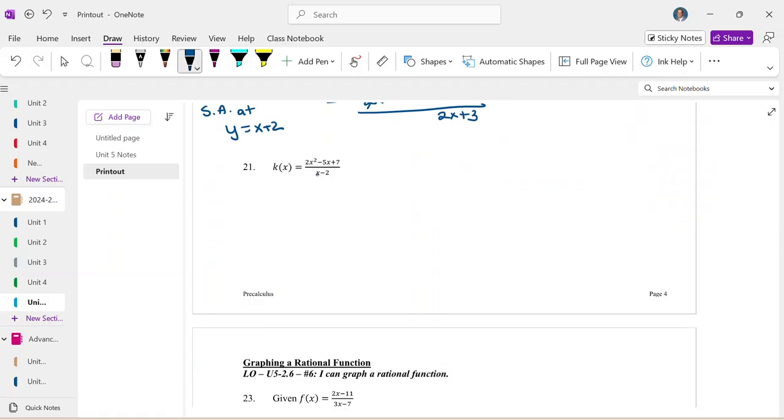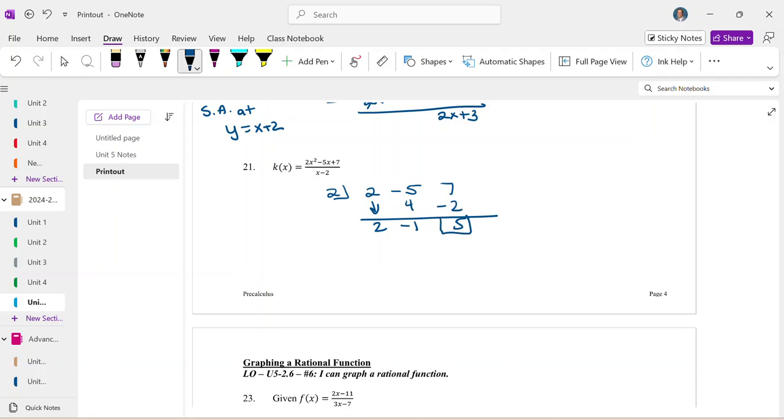Here, notice the denominator is first degree, so we could do synthetic division again. So we go 2, negative 5, 7. Bring down the 2. 2 times 2 is 4. Add down. Multiply. Add down.